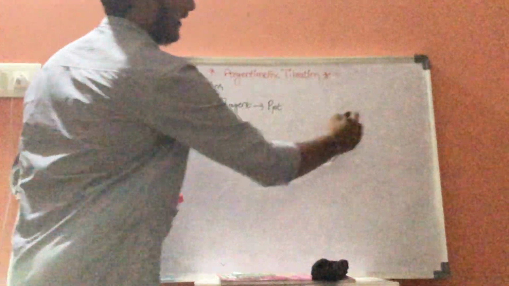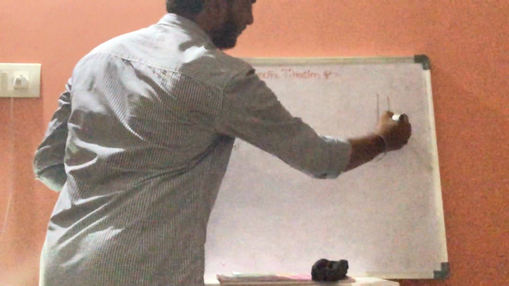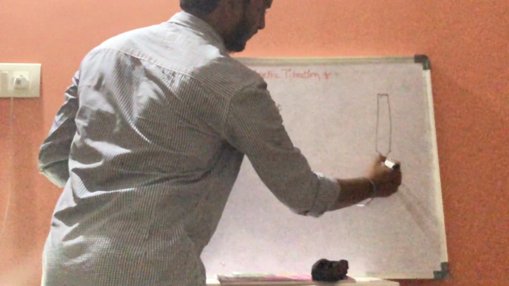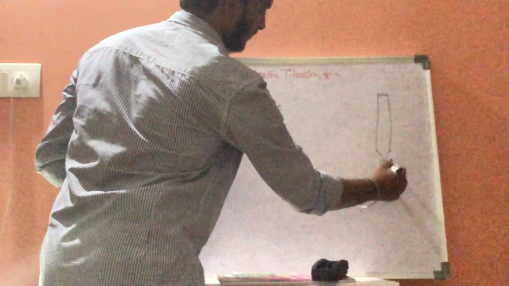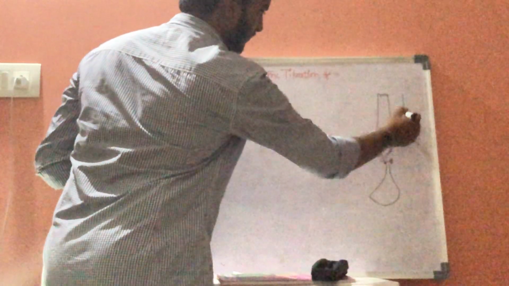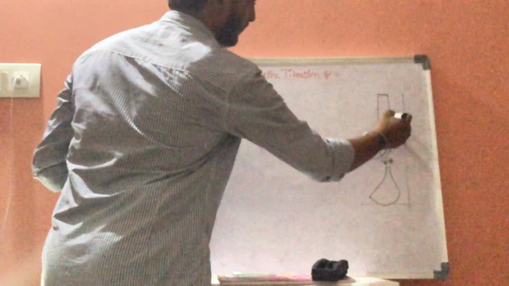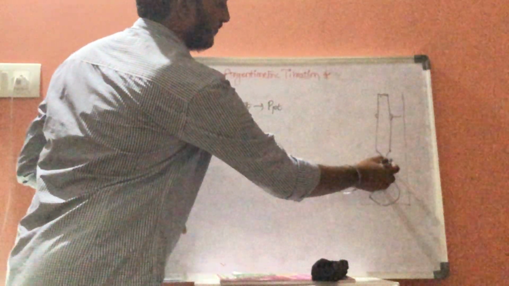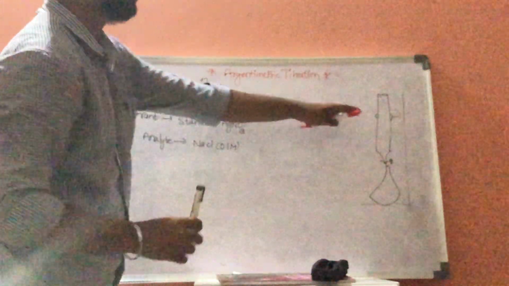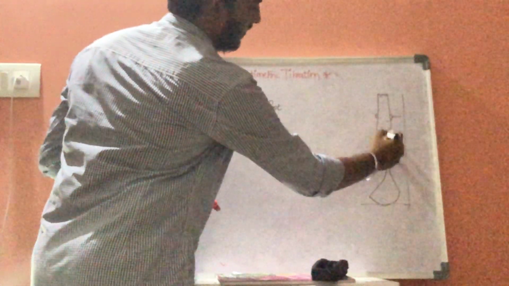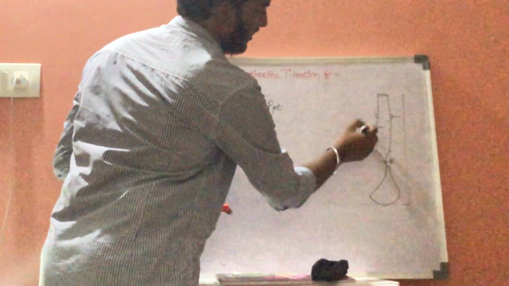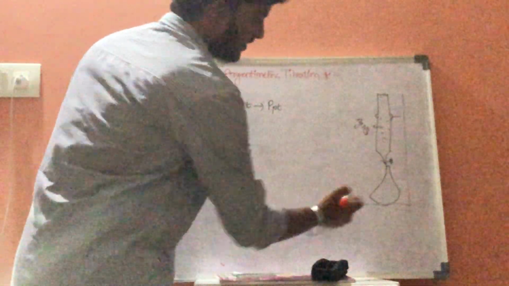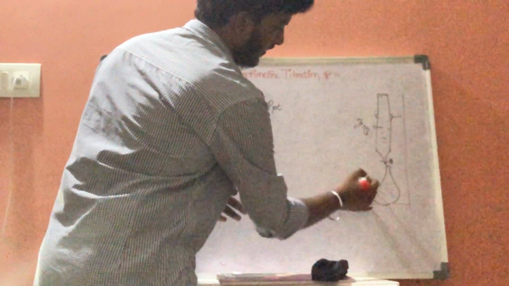Now let us draw a diagram. This is a diagram, and in the burette we take silver nitrate, that is AgNO3, and in the conical flask we take NaCl.